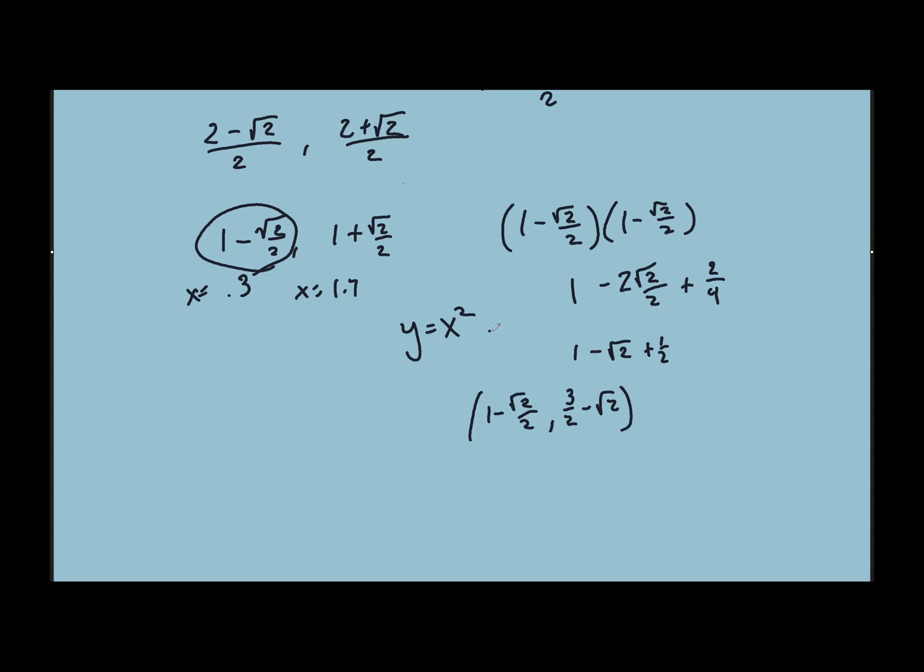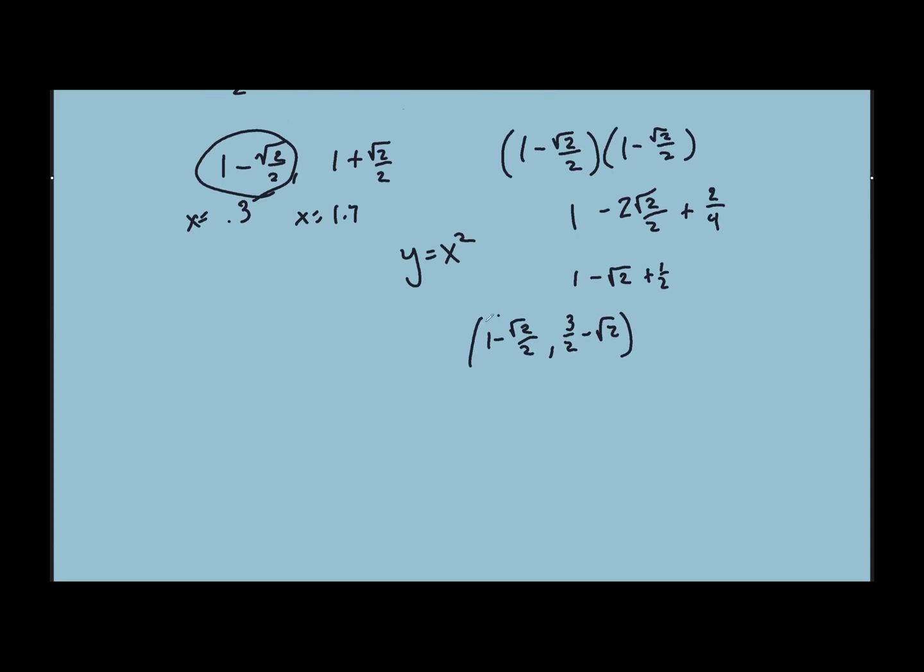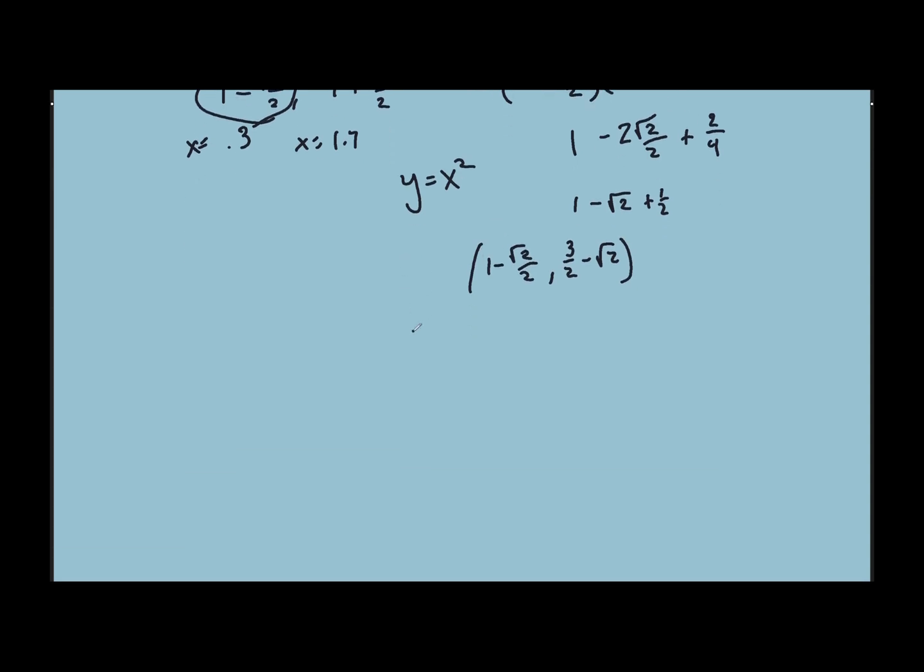So if I want to put that in some kind of a decimal, this is like 1.5 minus 1.414, I remember it's repeating digits like that. And this over here is 1 minus 0.707.